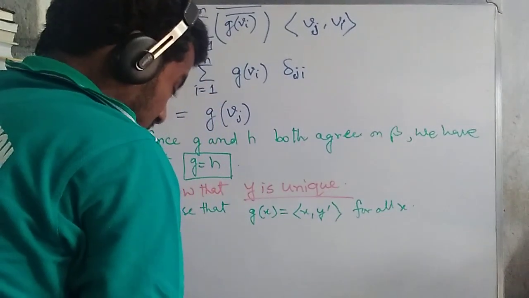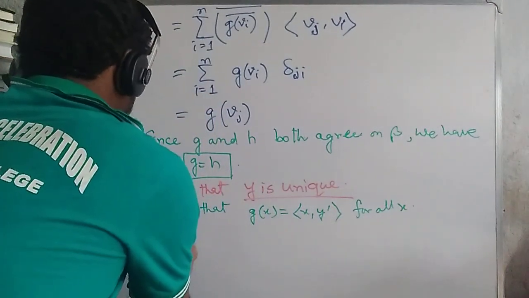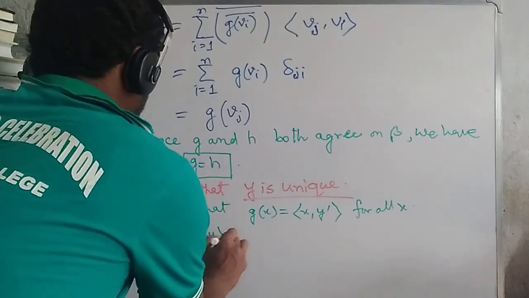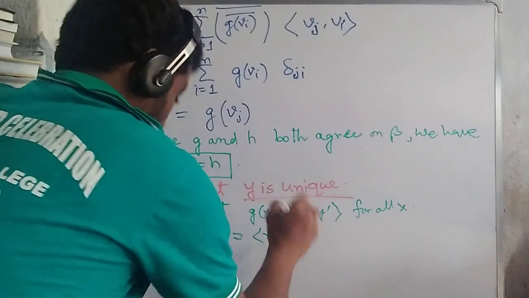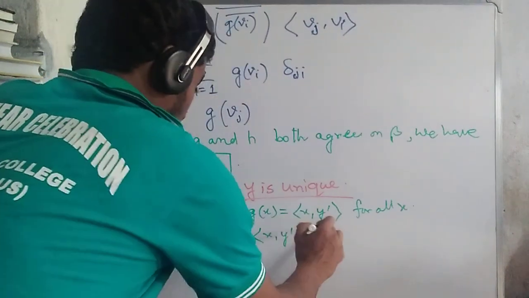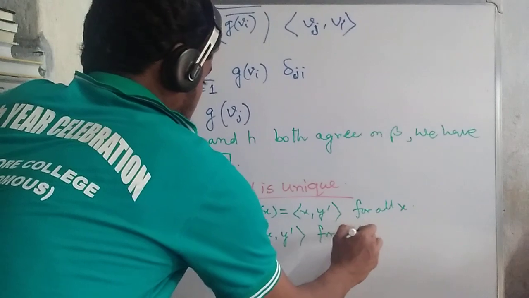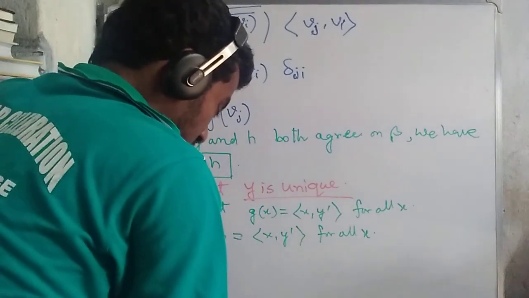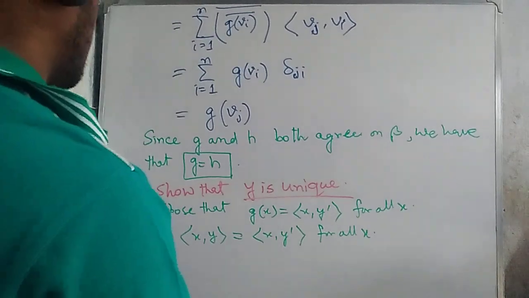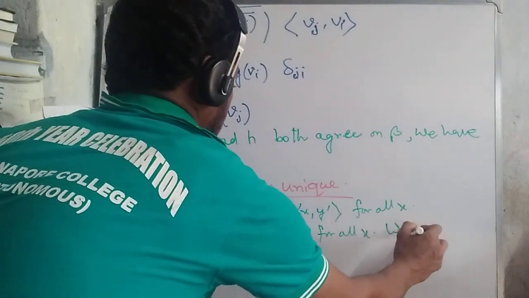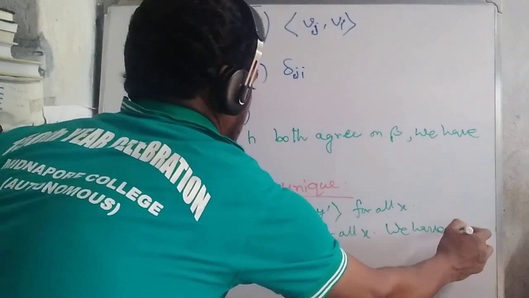Then the inner product of <x, y> equal to the inner product of <x, y'> for all x. Then we have y equal to y'.